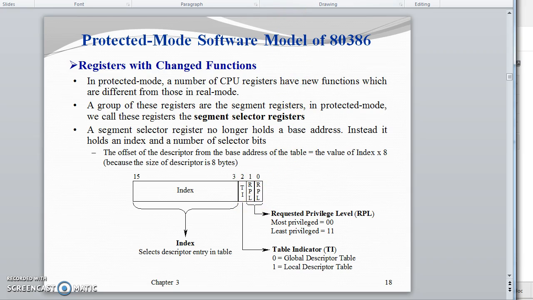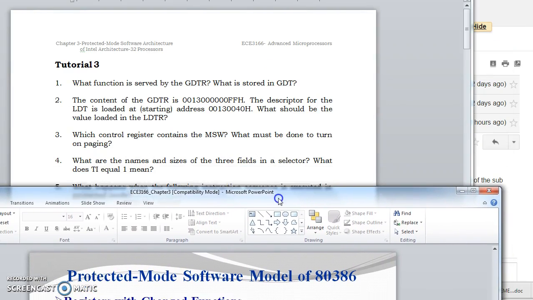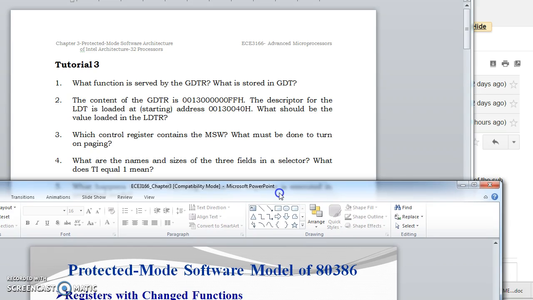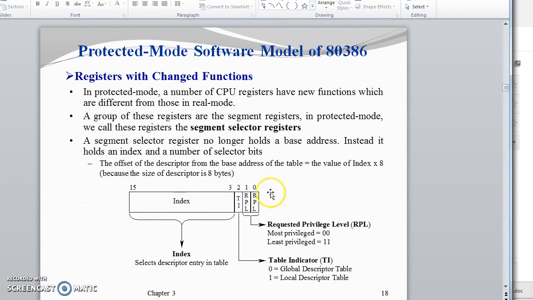So the question is, what are the names and sizes of the 3 fields in the selector? There are 3 fields: the index, the TI, and the RPL, requested privilege level. RPL is 2 bits.